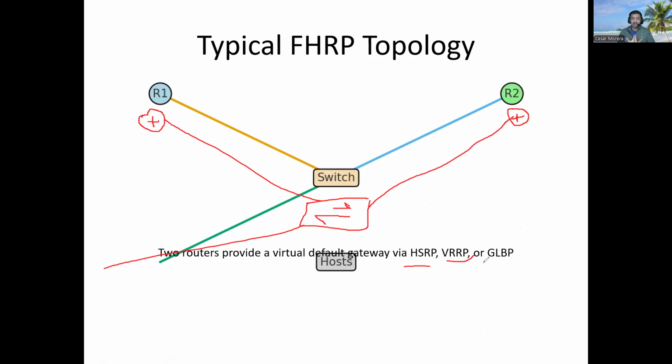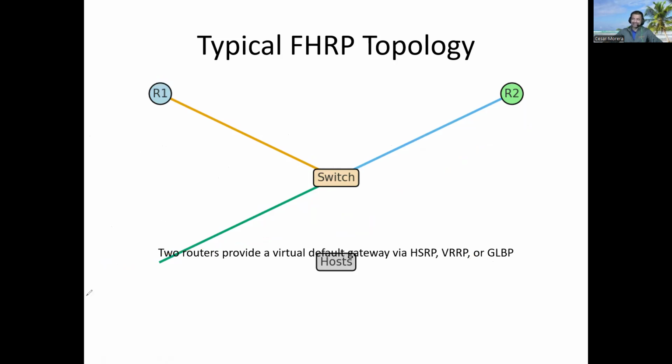We're going to study why it's necessary to have virtual connectivity, a backup connection, in order to have redundancy most of the time. We will cover the explanation of this very soon. Let me just clear the drawing and let's take a look at why two routers will provide the default gateway with these protocols.